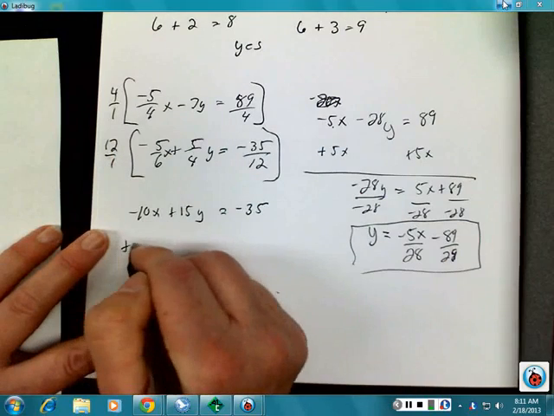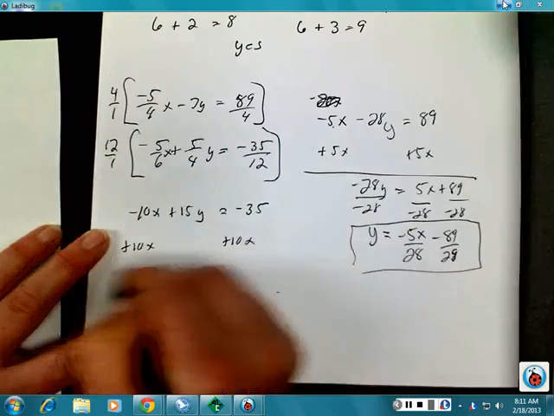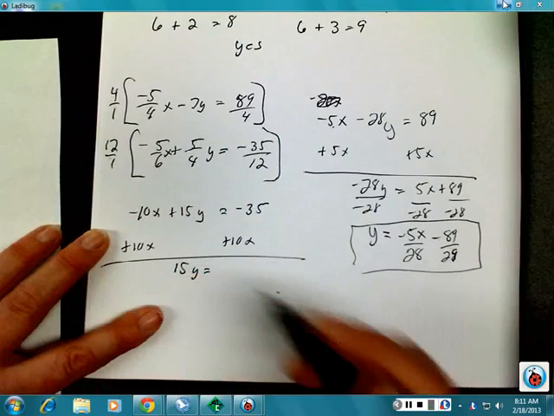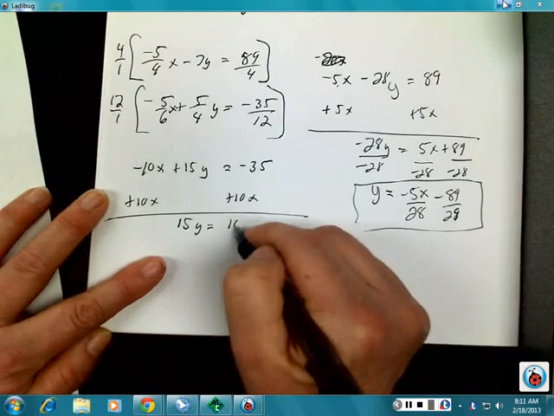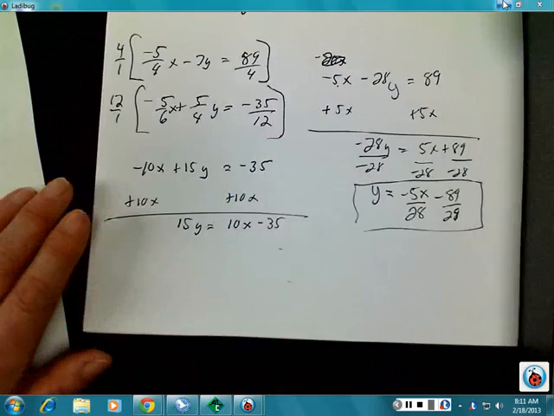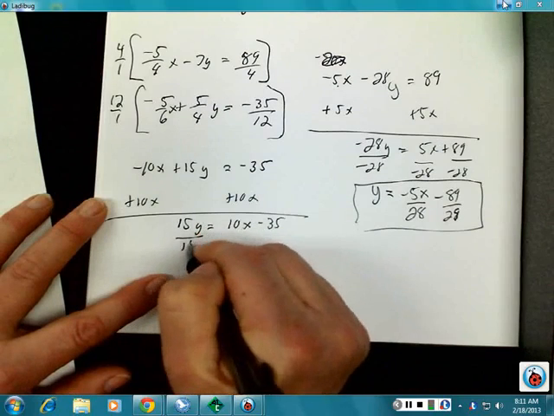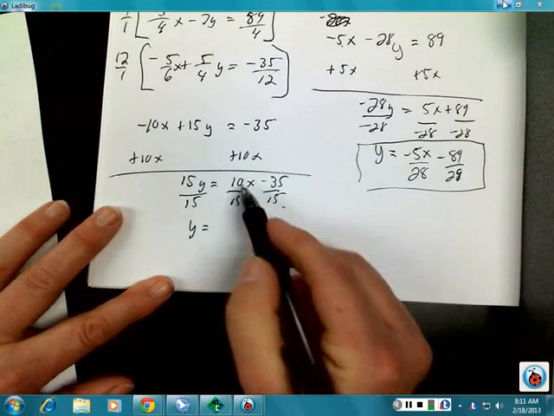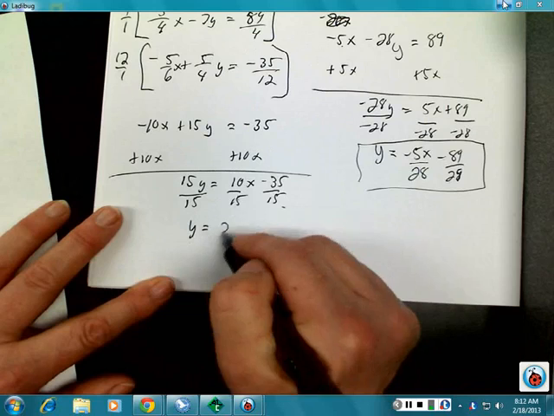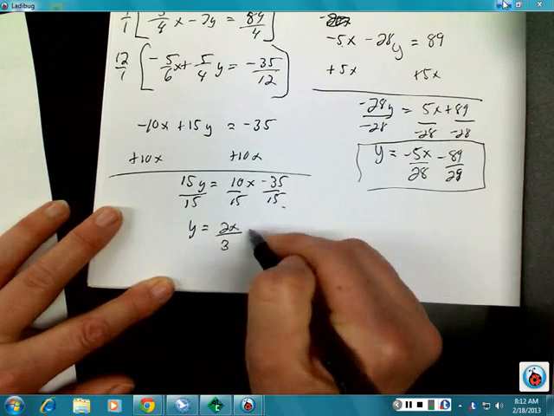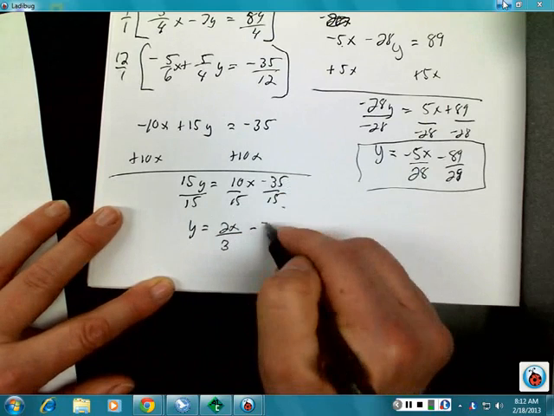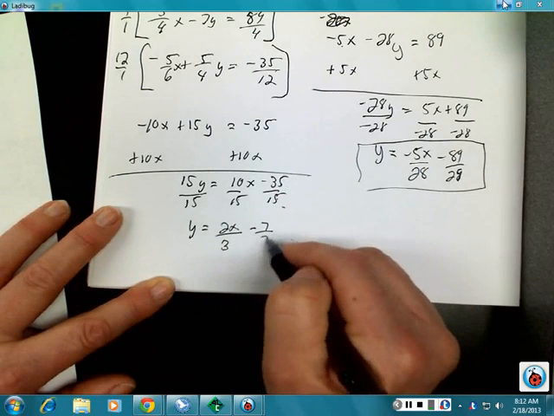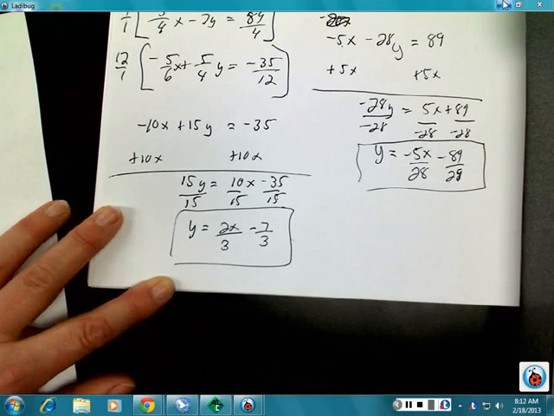Move my 10x over, and then end up dividing by 15. And each one of these reduces, so 5 goes into 10 twice, 5 goes into 15, 3. 5 goes into 35, 7, and 5 goes into 15, 3. And so there's my 2 pieces.